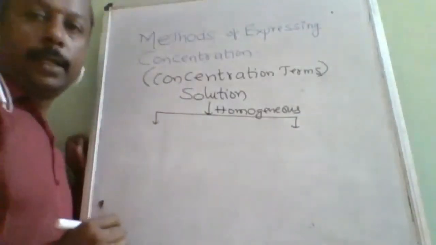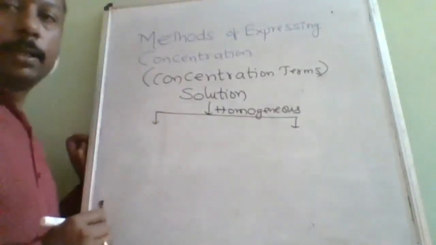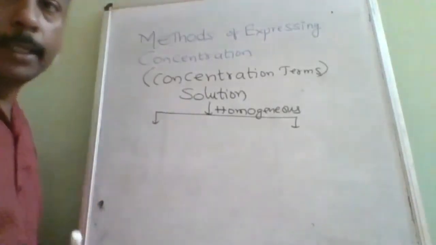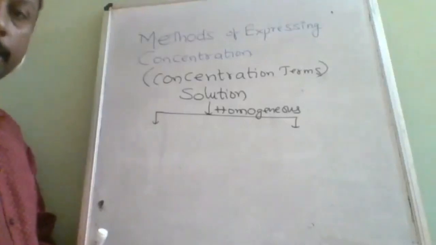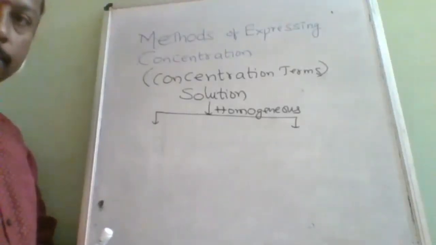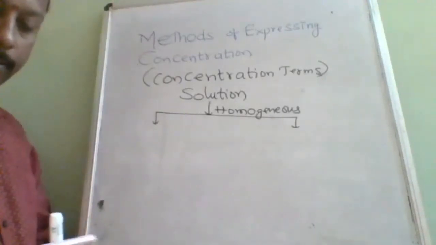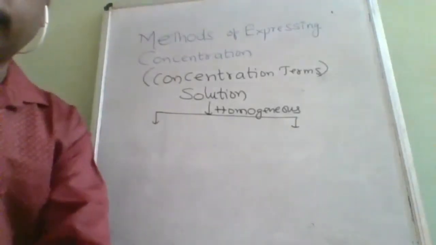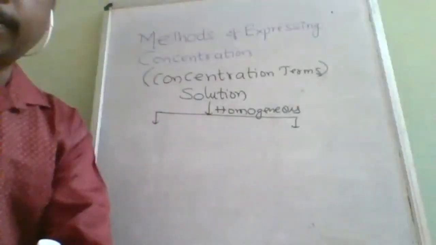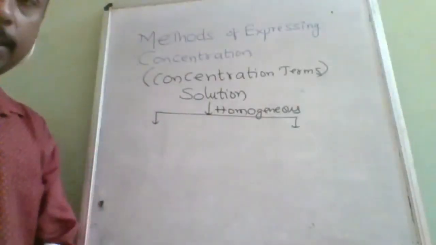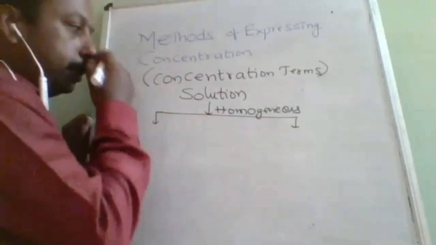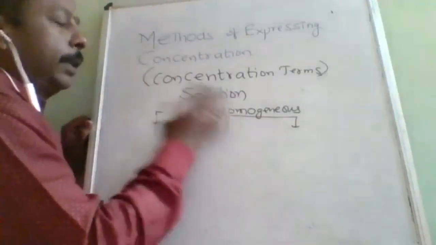If it contains at least two parts, then it is called a binary solution. I told you a word, at least. At least means more than two are also possible. I am specially mentioning that because it is going to create a problem in some of the portions. What those portions are, I will tell you when I explain that term.